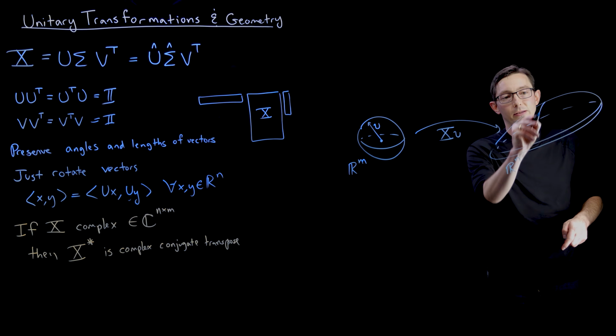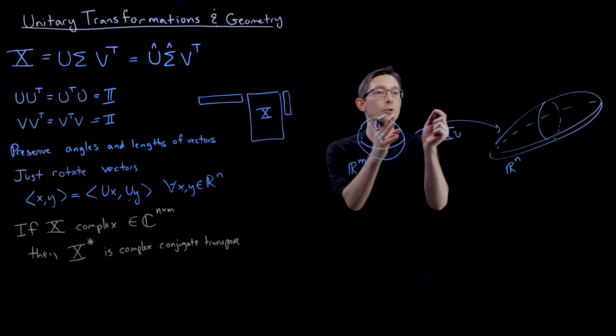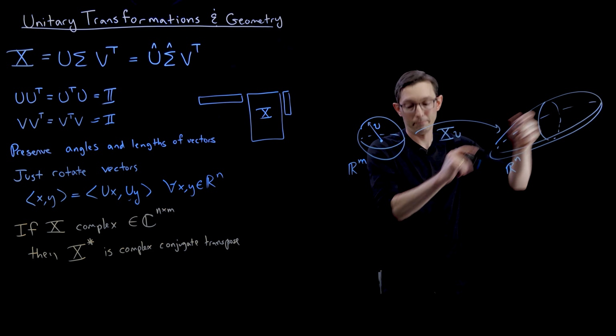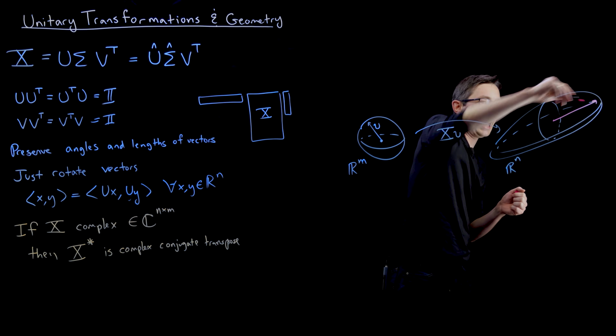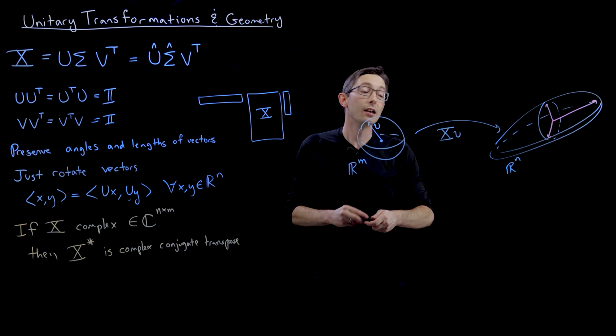I didn't draw the best ellipsoid in the world, but it's a large ellipsoid. The sphere, if you multiply it by X on the left, maps into an ellipsoid. And the lengths of these principal axes are specifically given by the singular values of X.